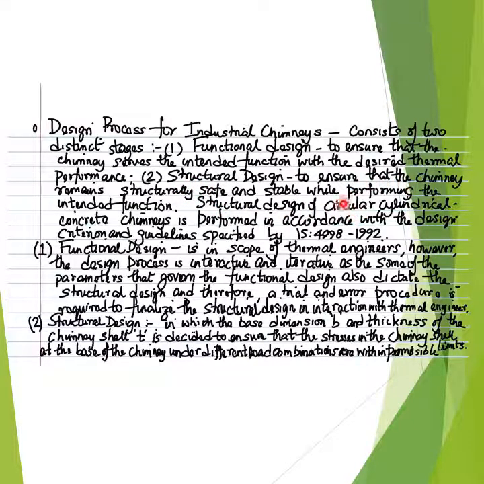The structural design of circular cylindrical concrete chimneys in India is performed in accordance with the design specifications and criteria specified by IS 4998, that is the Indian Standard Code of Practice for Structural Design of Circular Cylindrical Industrial Chimneys.